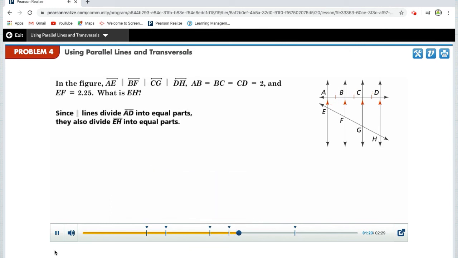Since parallel lines divide segment AD into equal parts, they also divide segment EH into equal parts. Now use the segment addition postulate.